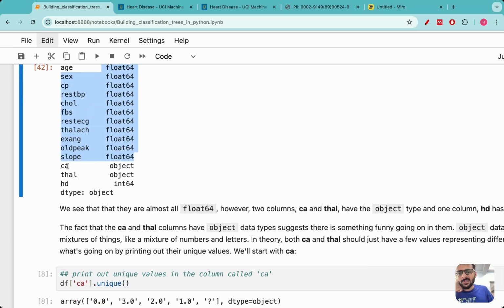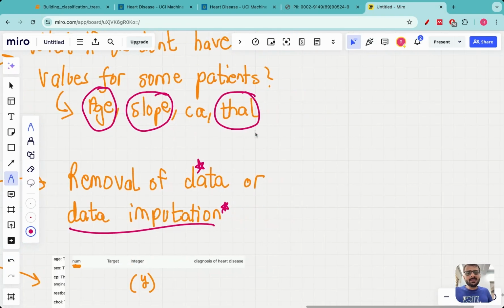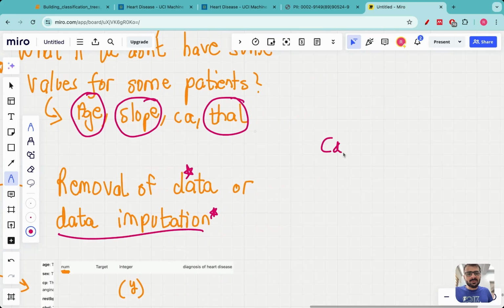Where you should be suspicious is when you see something like object. When you see the type object, this is an indication that something funny is going on here, because if there are usually two or three more data types in a row, then Python usually gives the type as an object. For example, the CA variable was an object.